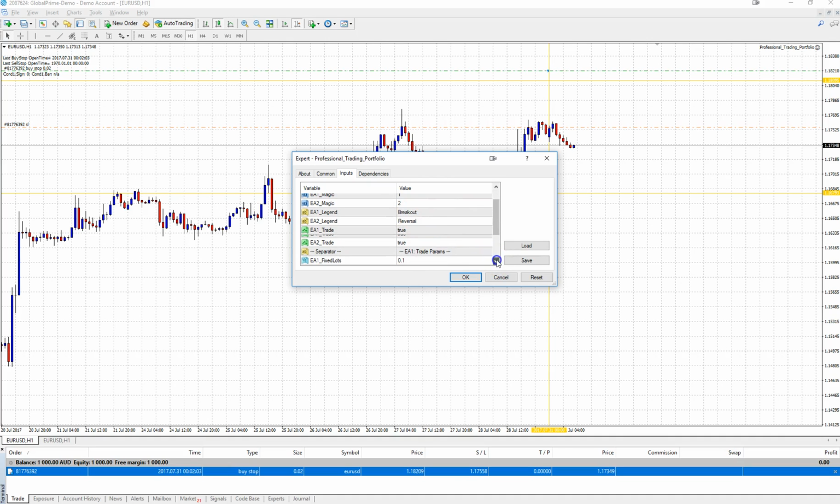Scroll down a bit further, and we can see EA1 and EA2 fixed lots or minimum percent. So the way this works is the minimum percent, the algorithm will always look for minimum percent first, and if there is a number in there other than 0, it will look to trade based on that. So you can adjust that in line with whatever you feel comfortable with.